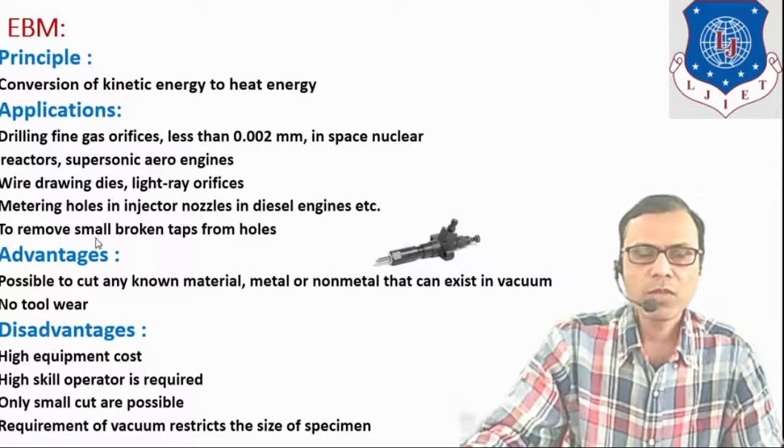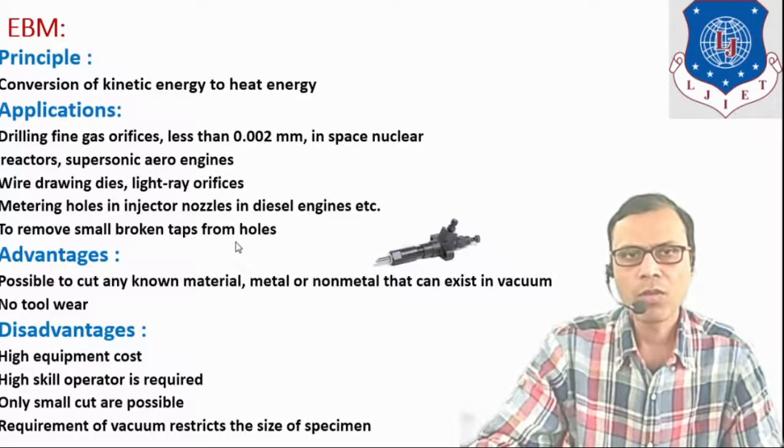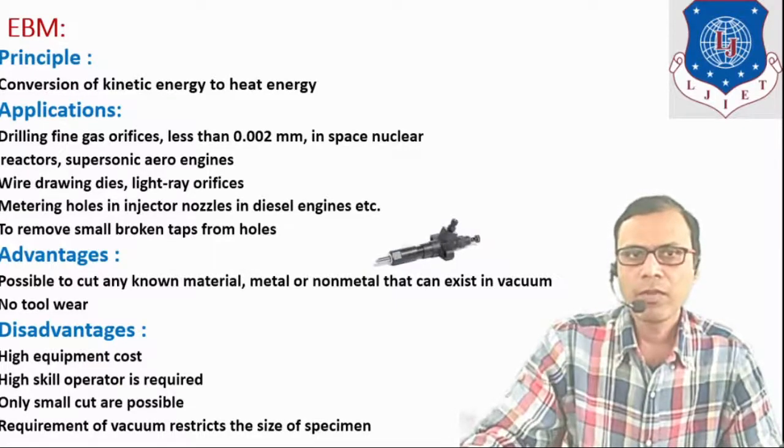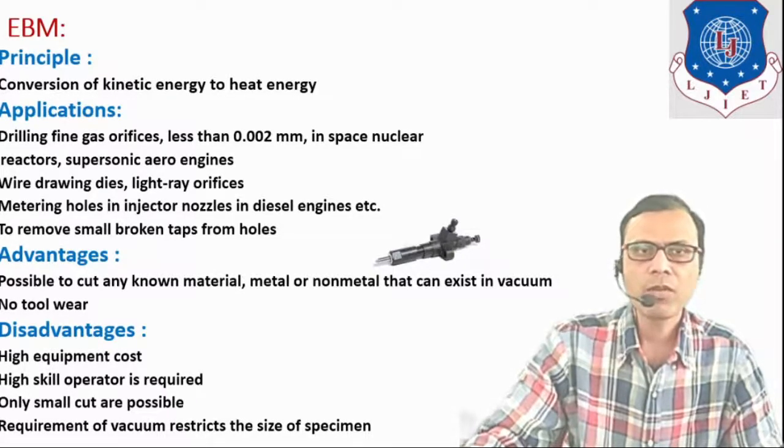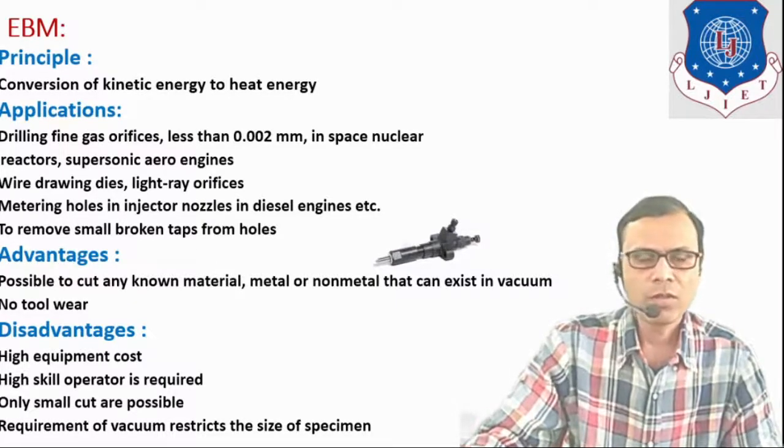It can also be used to remove broken taps from holes. Sometimes when we carry out a drilling or tapping operation, the drill bit or tap may break inside the hole. So to remove that broken tool, electron beam machining can be used.